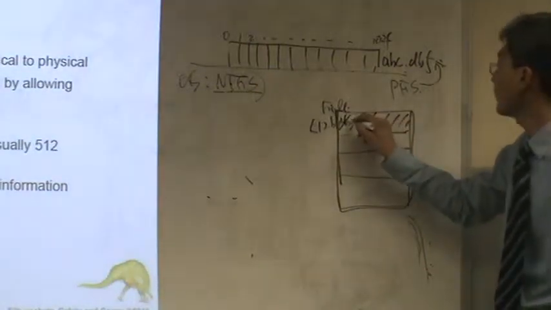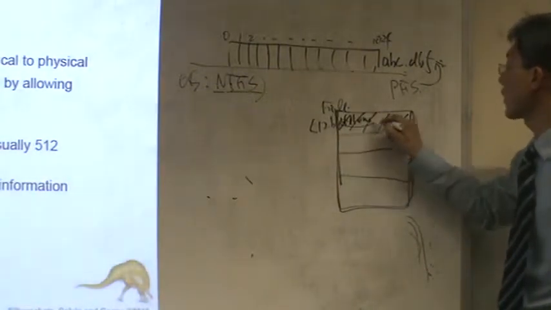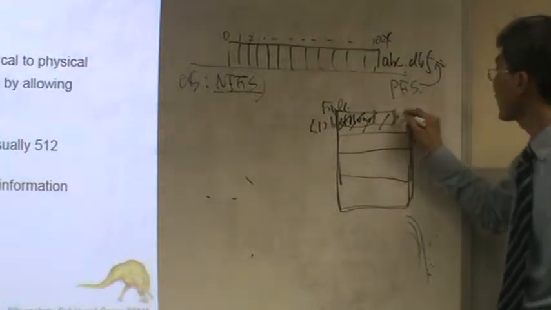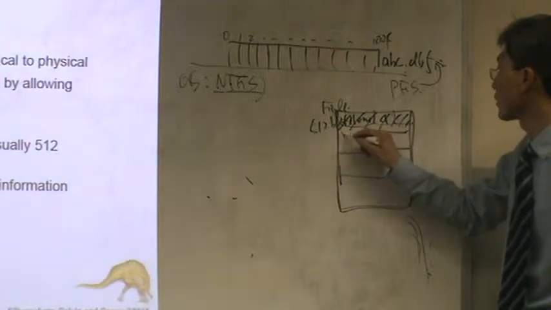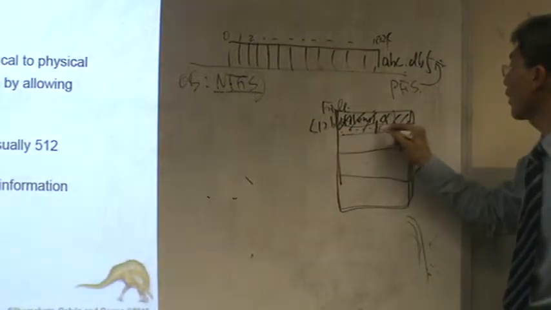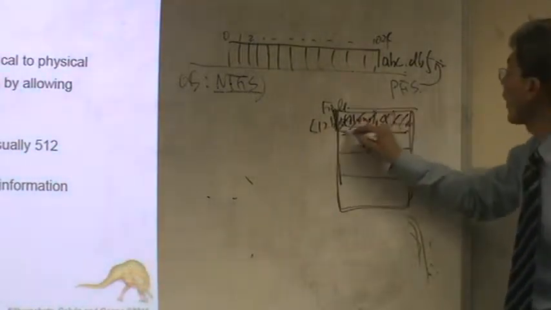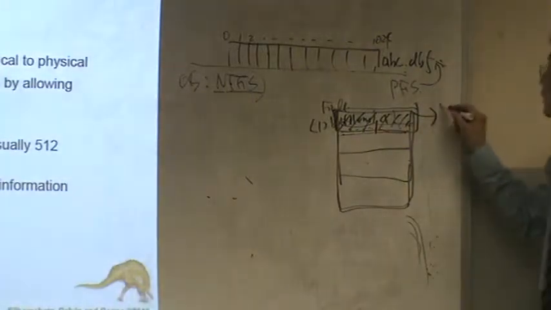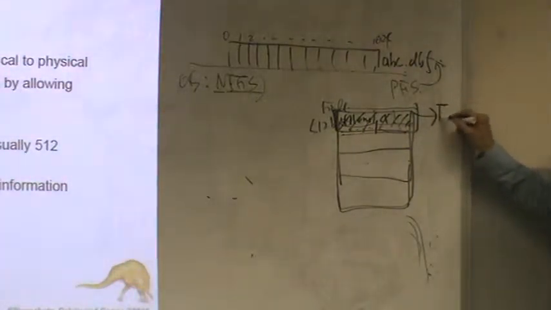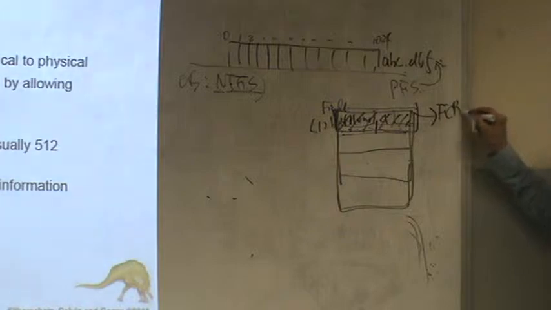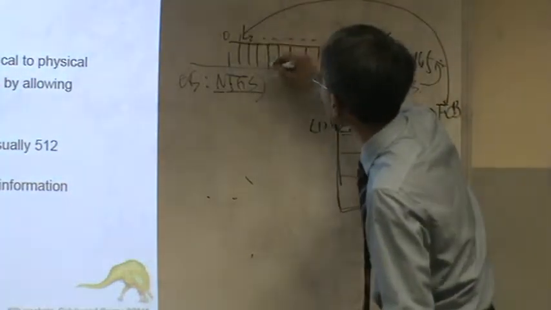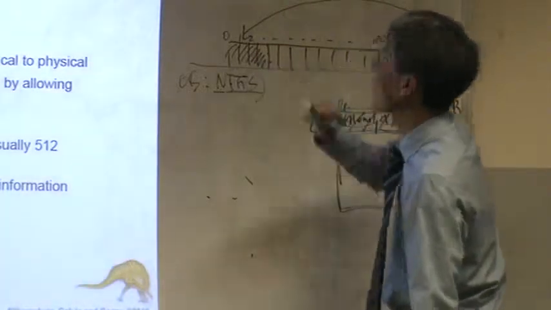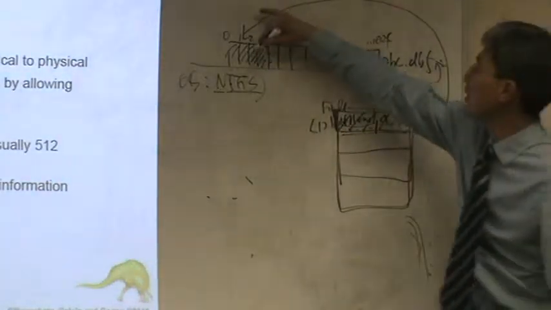Like the file name is the first 10 bytes, the file descriptor is a 4-byte integer, and permission and so on, and free block. This is called the file control block, the header. This one will be stored in the header of the file system. This is usually called what?